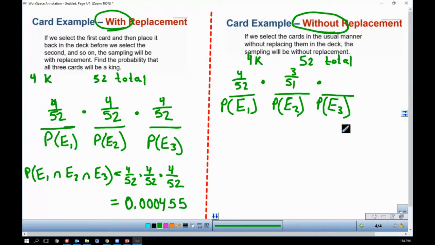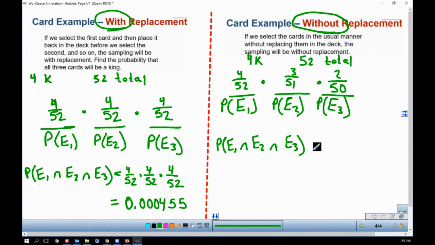So what would be the probability of the third one? 2 out of 50. So the probability that we get a king on the first one, a king on the second, and a king on the third, we would just multiply all these together.